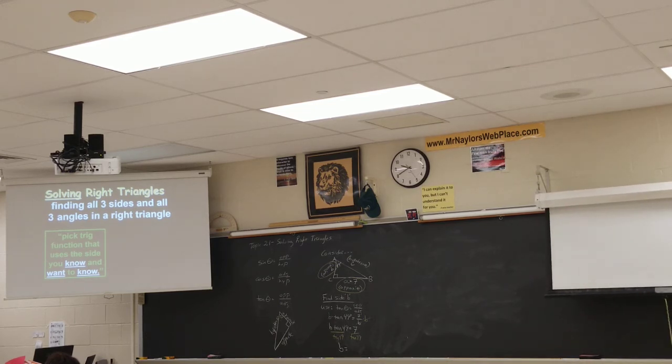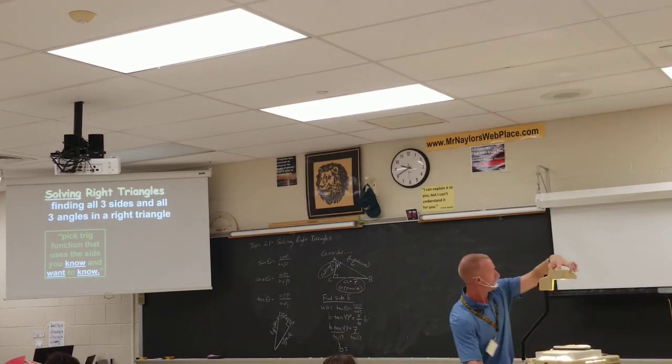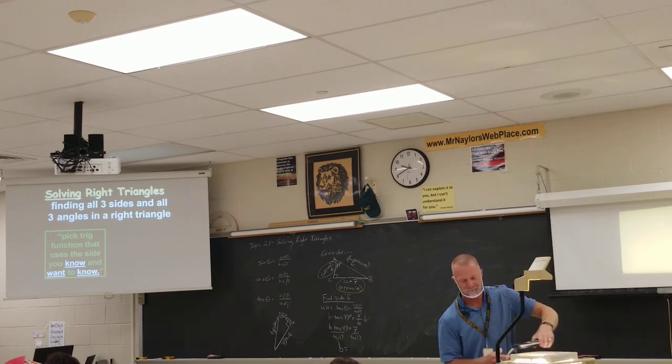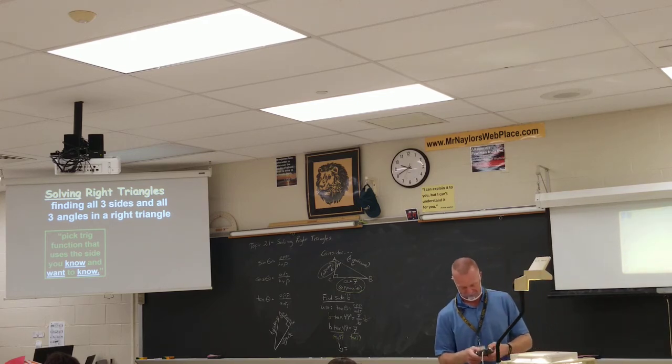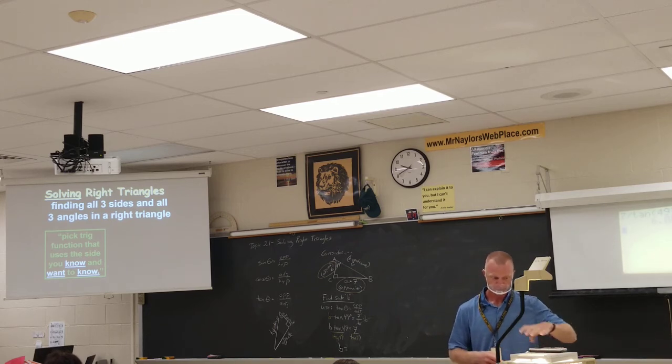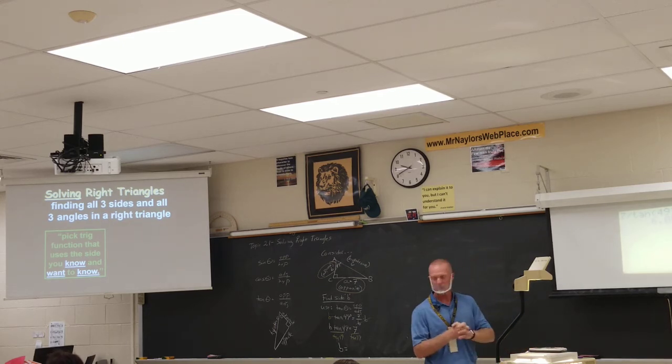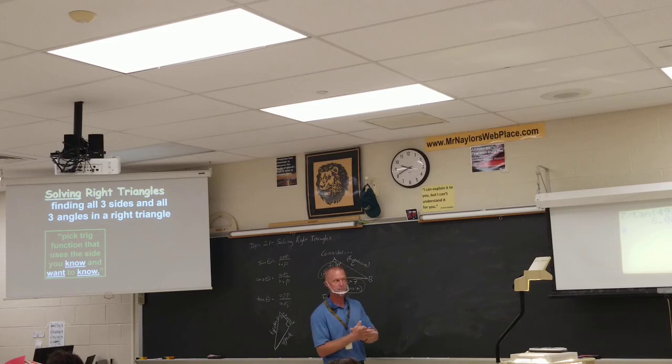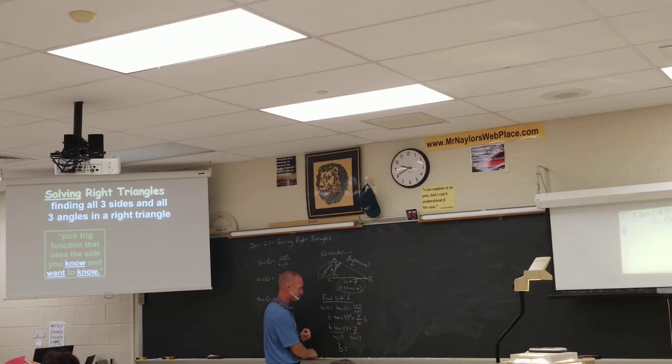I encourage you to play along. Make sure you're using your calculator correctly. It comes out to be 7 divided by the tangent of 49. You get about 6.09.